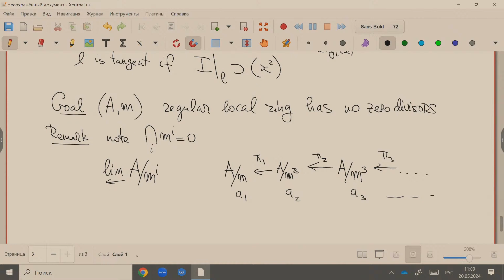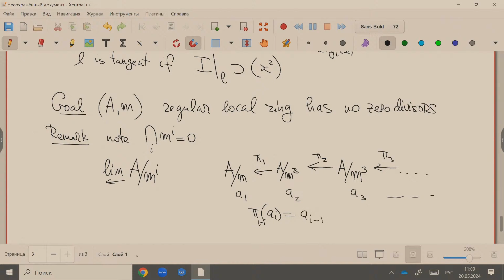Of course, you may consider the sequences that are consistent with each other, and the condition of consistency is the following: p_i of a_i is equal to a_{i-1}.